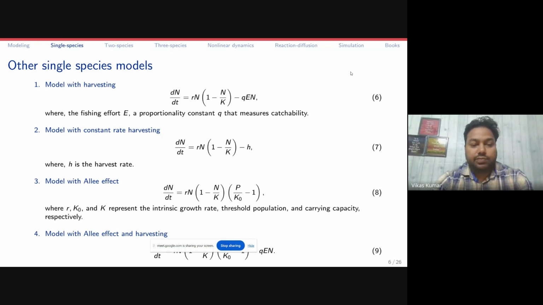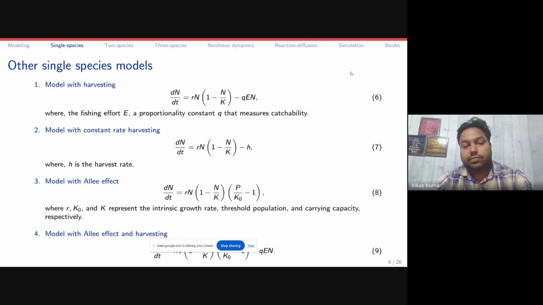The third equation is a model with the Allee effect, and the last has both Allee effect and harvesting. So if anyone wants to propose a single species model, they can consider some ecological factors like harvesting or Allee effect phenomena, or add other ecological factors in their model, and they can propose a single species model.